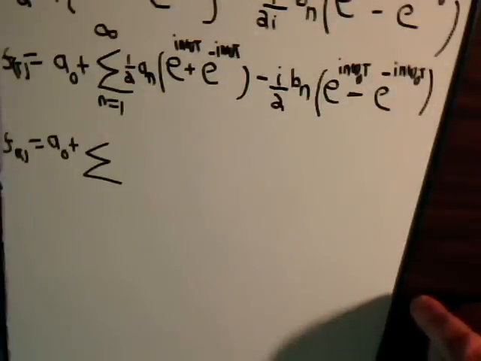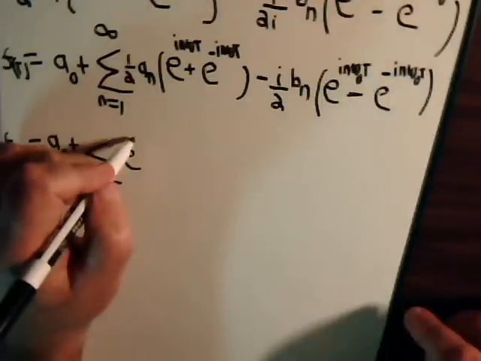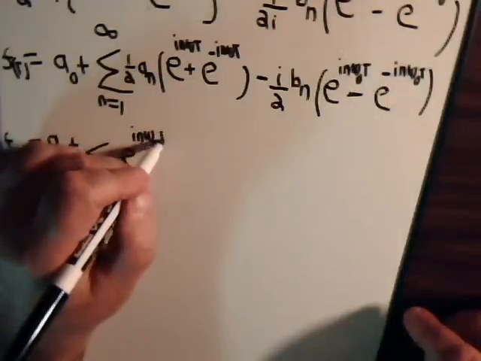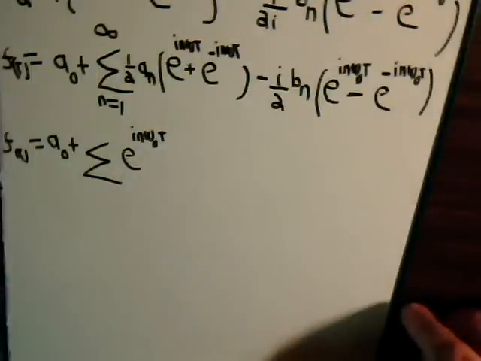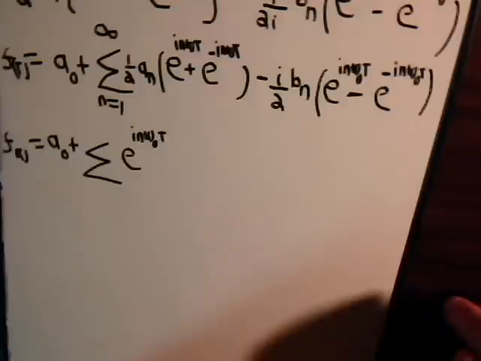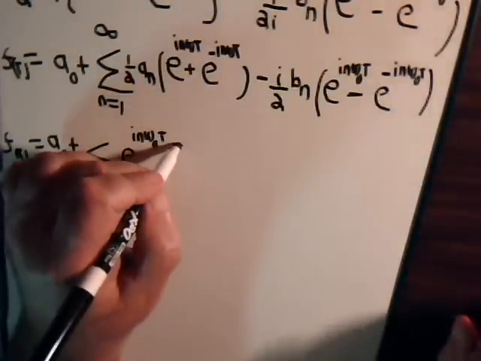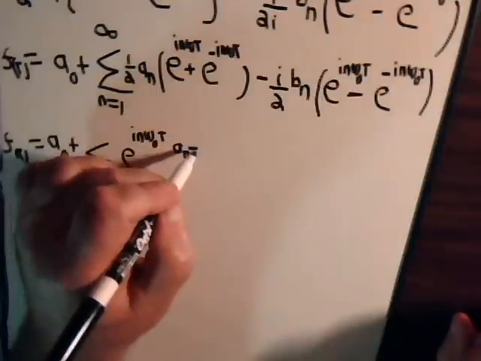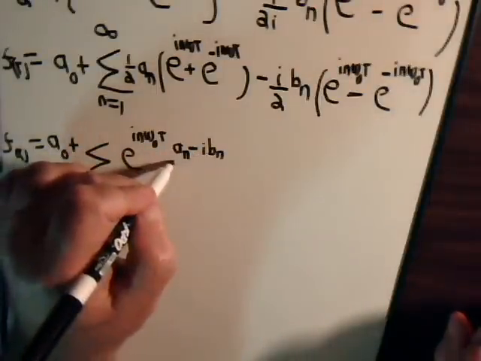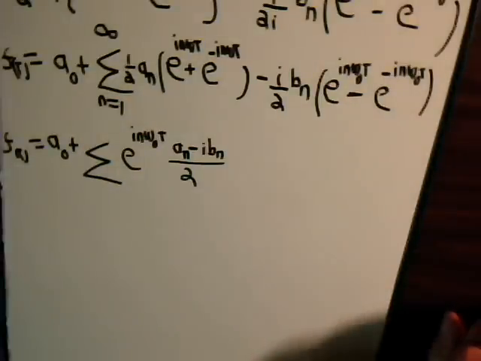And now we're going to have e to the I n omega t, and what do we have? We have a n over 2 minus I b n over 2. So that would be times a n minus I b n divided by 2.